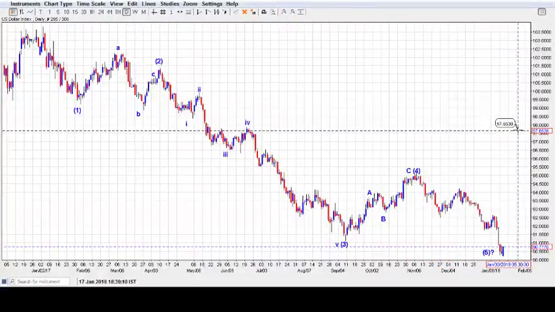Okay, long-term traders, don't take long calls from 90.50 out. Please remain in the trade and look to add positions on drops.